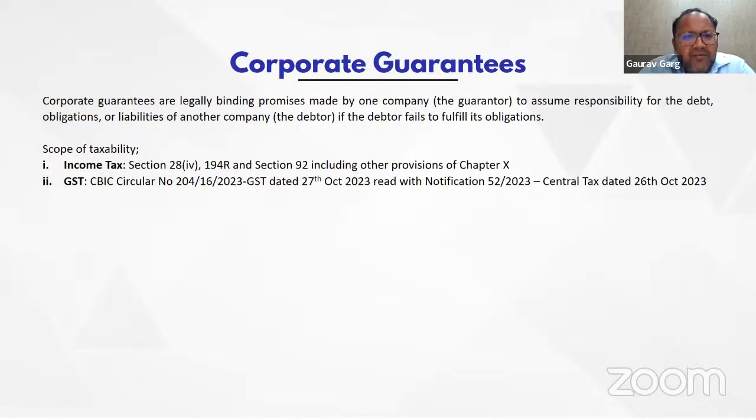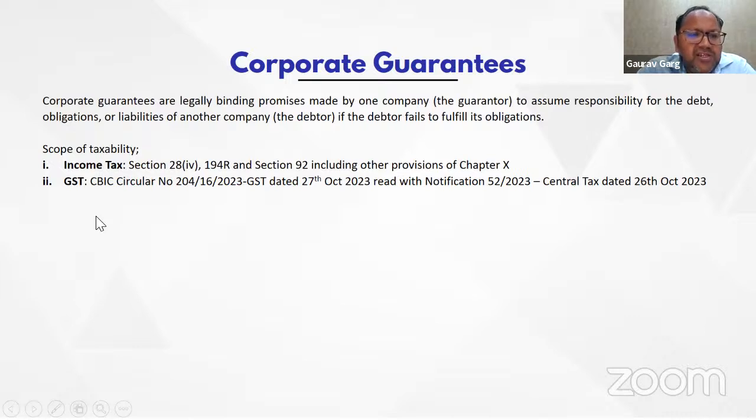Scope of taxability: we have Section 28(4) under income tax, read with Section 194R, which is tax deducted at source on the benefits. Then we have Section 92, including the other provisions of Chapter 10, broadly the transfer pricing provisions.